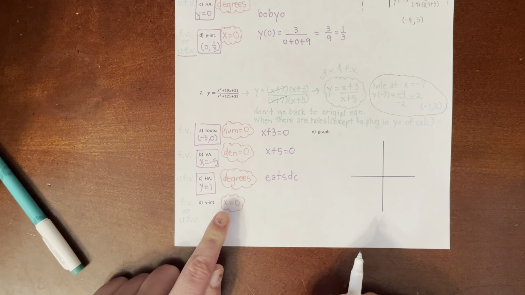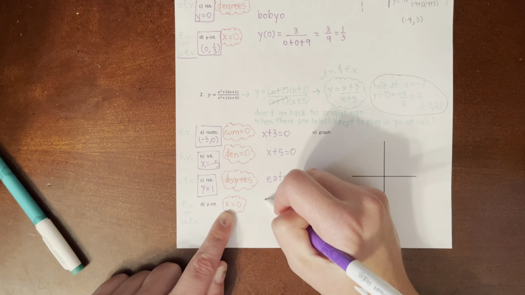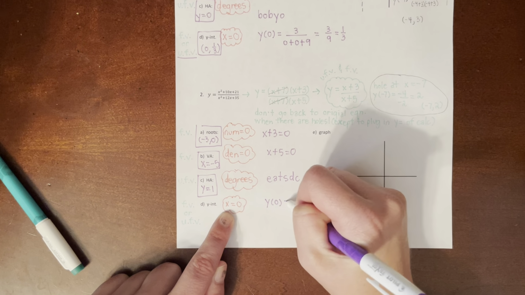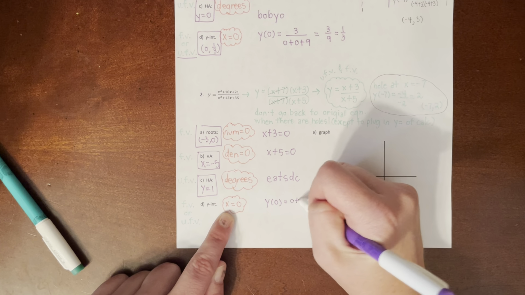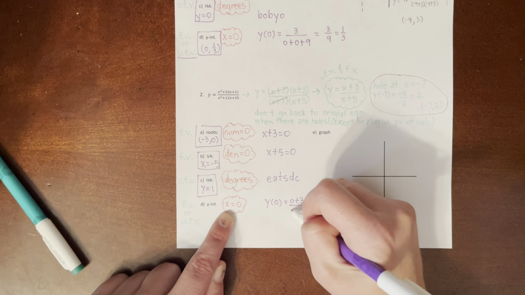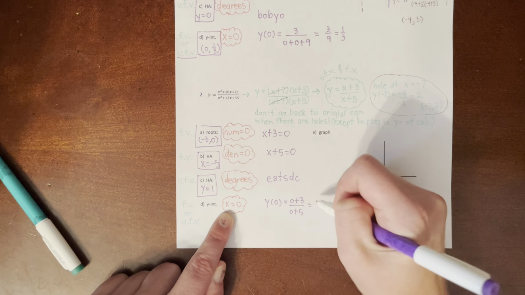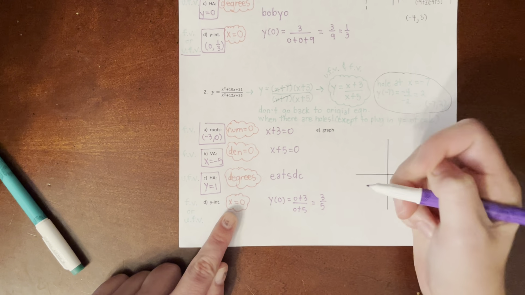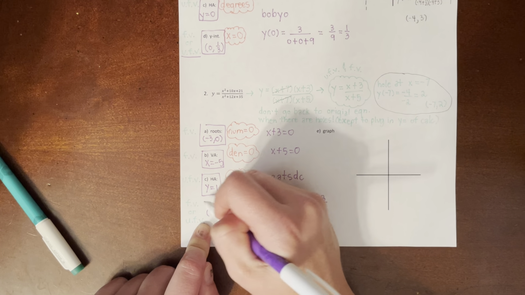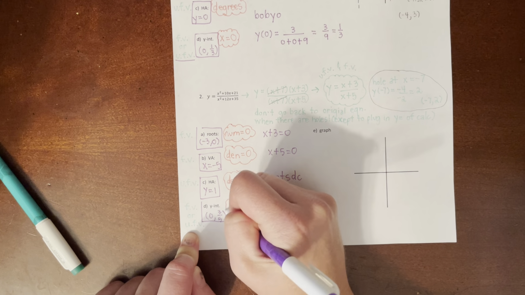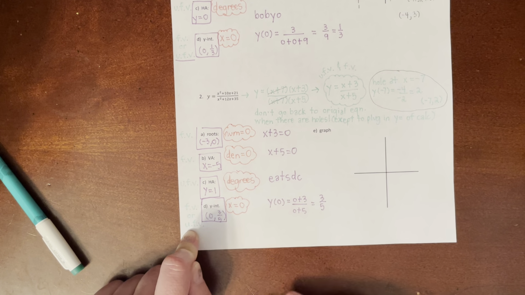Plug in 0 where I see x, so essentially calculate y of 0. That would be 0 plus 3 over 0 plus 5, which would be 3/5. And remember, write that as an ordered pair, (0, 3/5). So a little bit more than half, I guess.